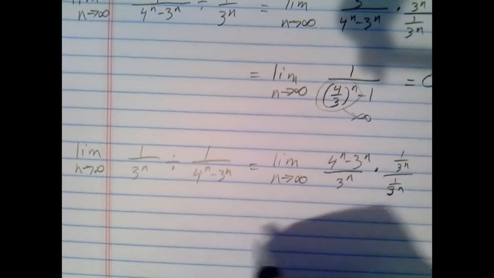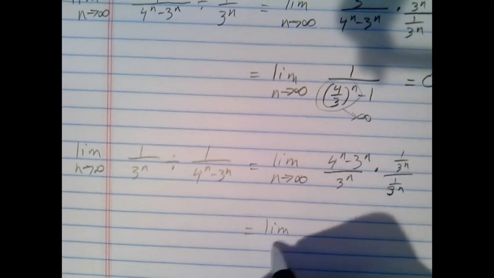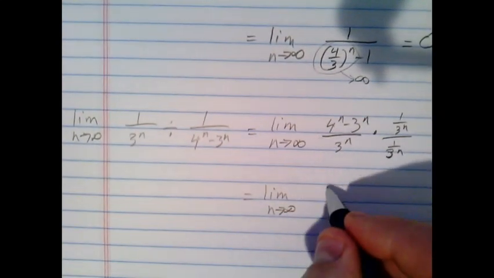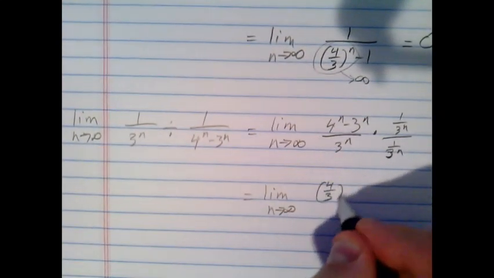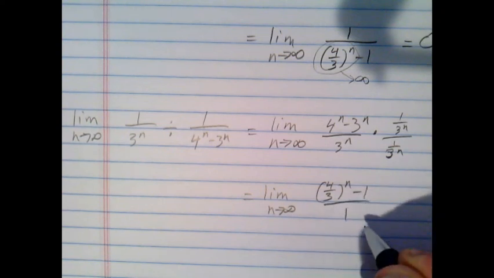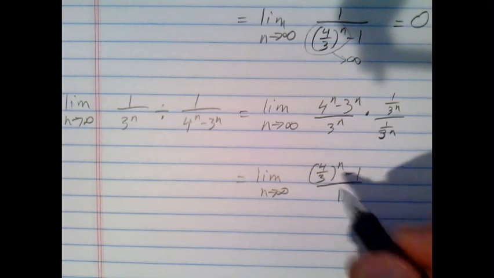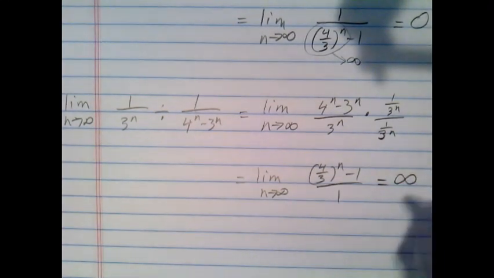But when I do that, my limit as n goes to infinity becomes the limit of 4/3 to the n minus 1 over 1. So remember, we said 4/3 to the n is going to infinity, so our limit would become infinity.